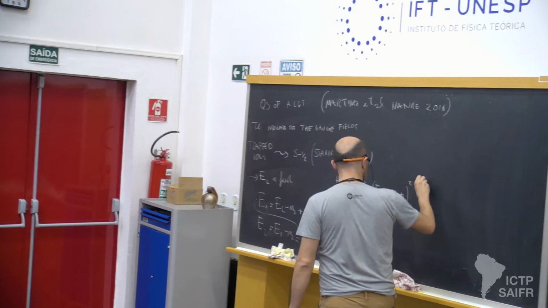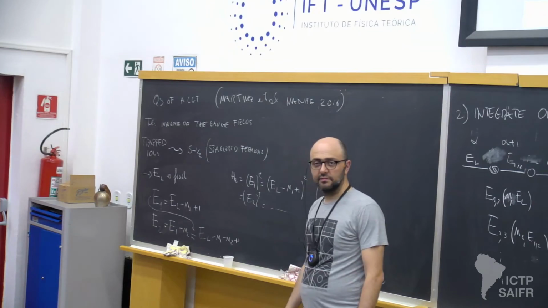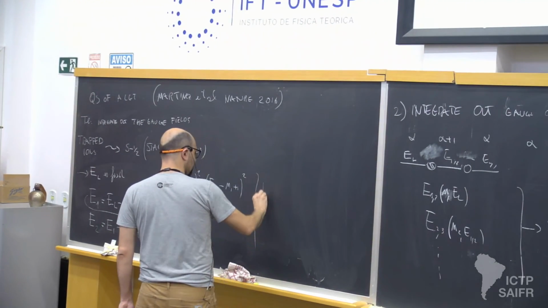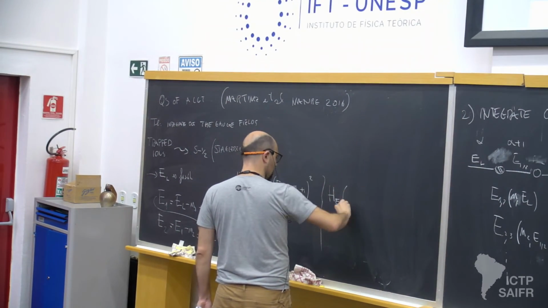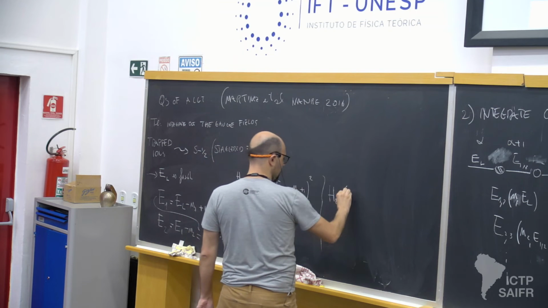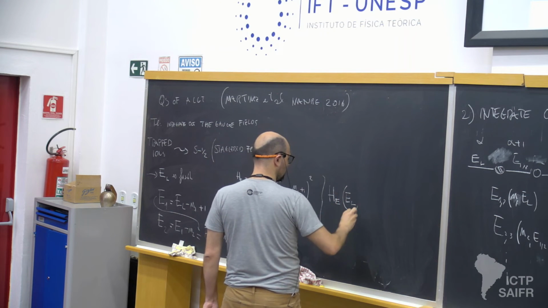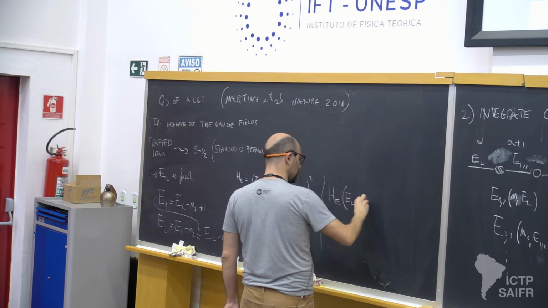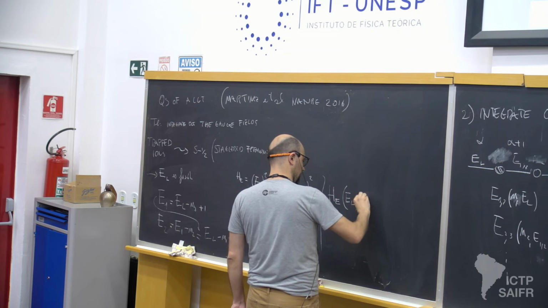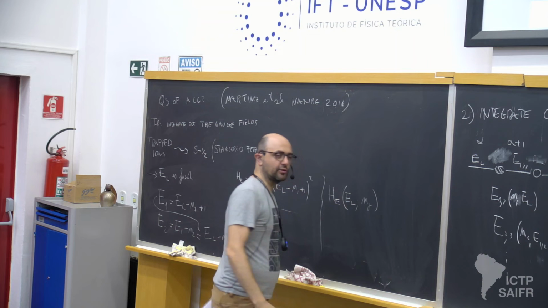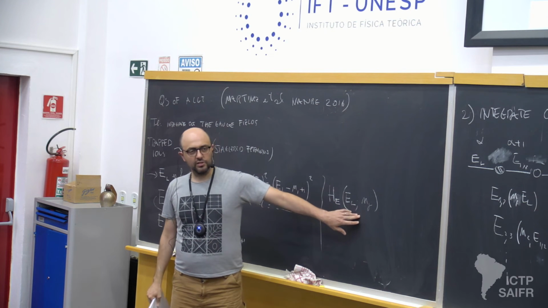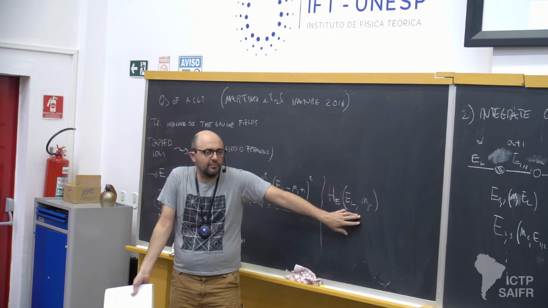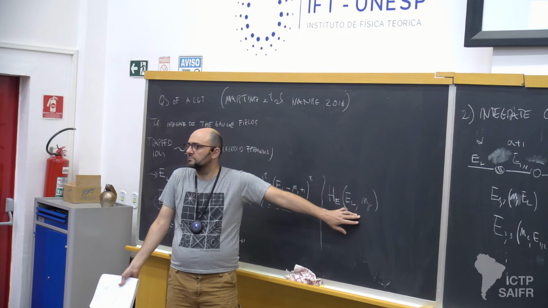At the end, what you get is that the electric field part of the Hamiltonian, apart from the boundary condition EL, which is just a number we don't care about, only depends on the various number operators. Okay? So it does not depend on the electric field anymore because we have integrated it out.